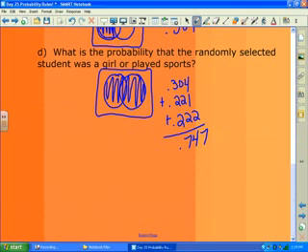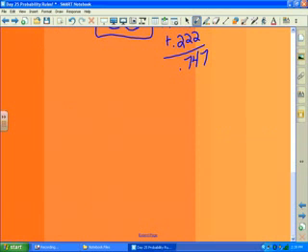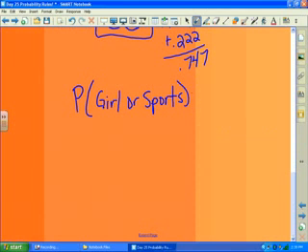Okay. Now, formula-wise, what that exactly is asking is what our definition was, is saying the probability of a girl or sports. And from our formula, we know that that's going to be probability of a girl plus the probability of the sports, and then what?